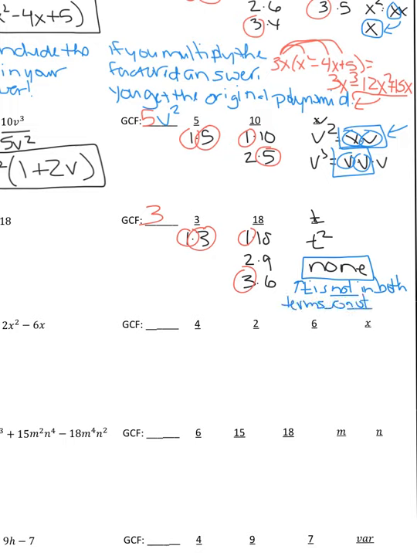It has to be in both terms to be in the GCF. So since the t is not in both terms, it's not part of the GCF. So the number 3 is it. That's all we have. So the GCF of 3t squared minus 18 is just the number 3.